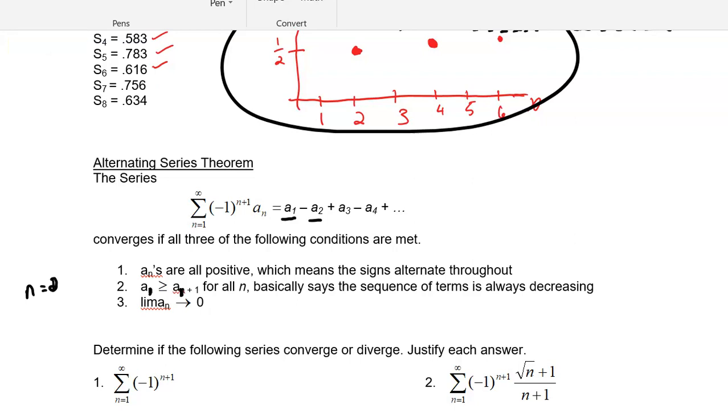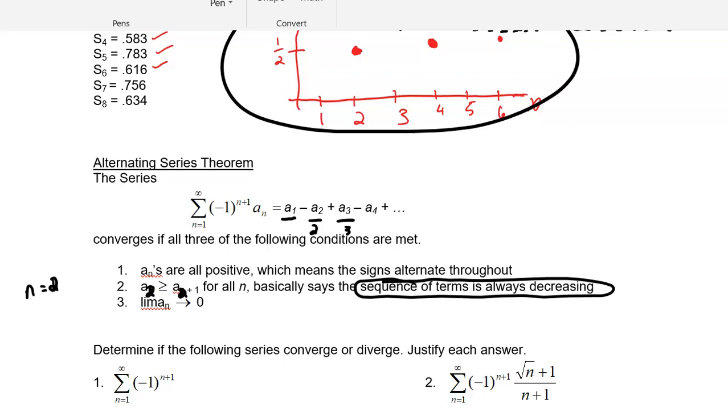If n is a 2, then this would be 2 plus 1. So now that means the second term would have to be greater than the third term. What that really means is our sequence of terms needs to be decreasing. All right, so we've got to be decreasing as we go towards infinity.